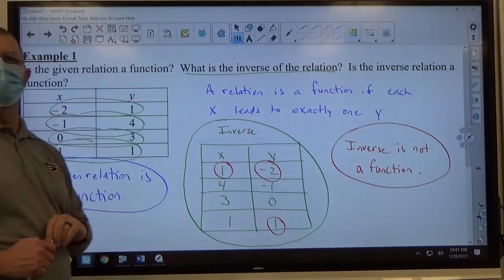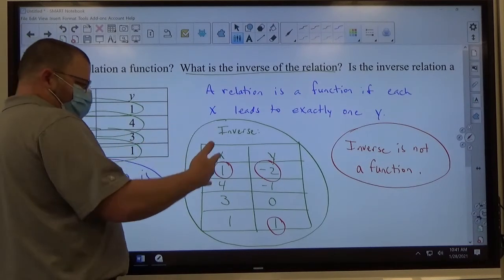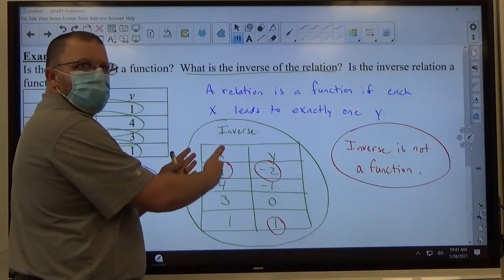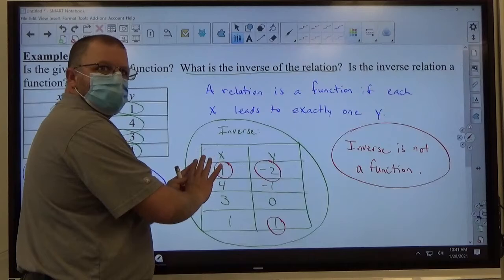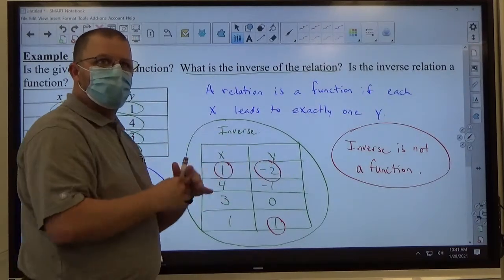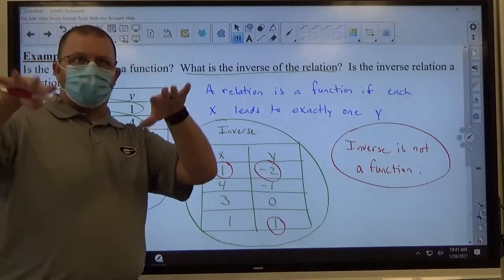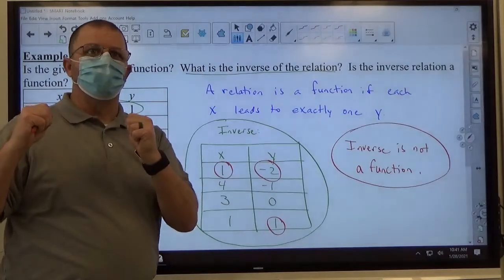Yes, Aaron? What do you mean by it leads to it? What do I mean by what? It leads to. So when we think of relations, we have an input value of x that gives you an output value of y. So the input leads to the output. So when I say it leads to, that means that if I was looking at some equation, and there's x and y in the equation, I would input x, I'd work it out to find out what y equals.